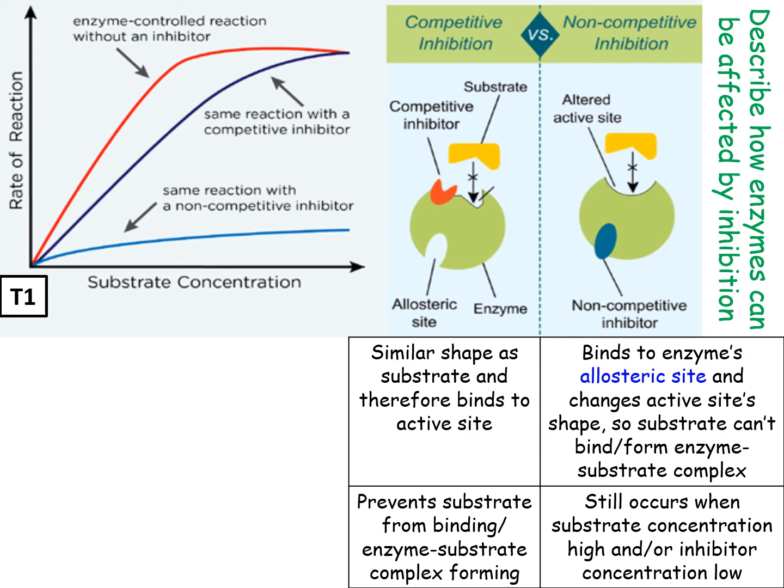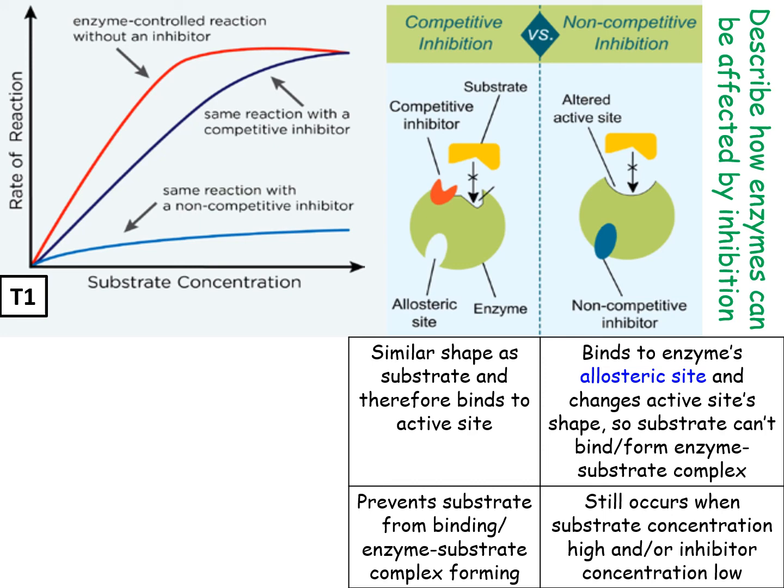And this still occurs when the substrate concentration is very high, because even if the substrate concentration is very high, by having non-competitive inhibitors, they change the active site of the enzyme. So it doesn't matter if you have more substrate, they can't bond with the enzyme's active site, and therefore the enzyme activity decreases.